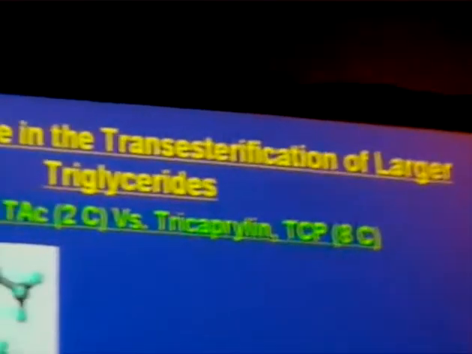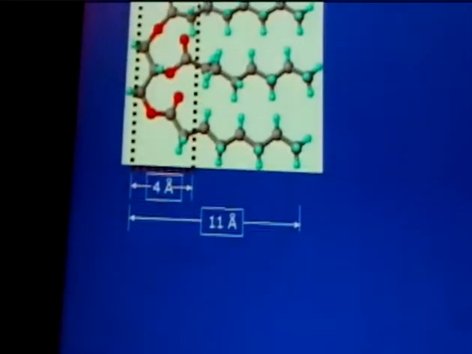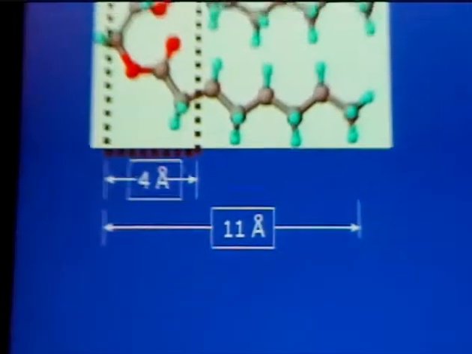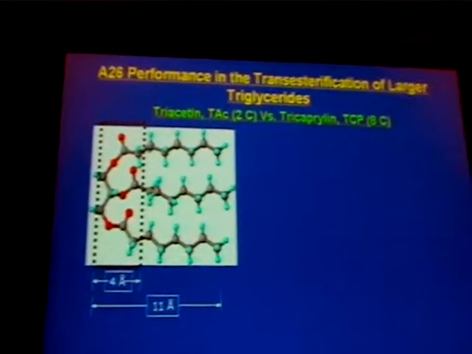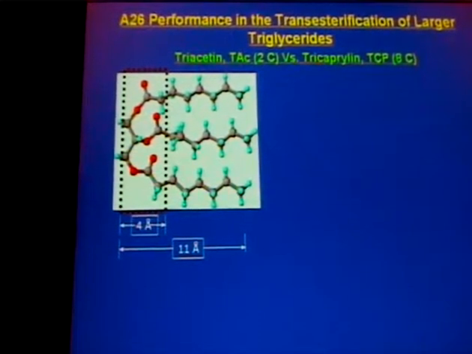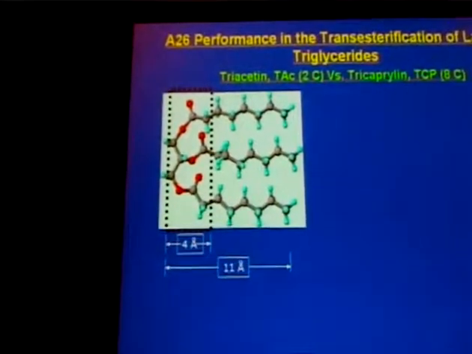Now, the good news, or not good news so far, but we tried, because you want to know if this works for larger triglycerides, isn't it? That is a question that comes to mind. So triacetin is a molecule with one methyl group in each chain. We said, let's go for a larger compound, like tricaprylin, with 8 carbons. It's the same molecule, but instead of 2 carbons in the acid moiety, it has 8 carbons.